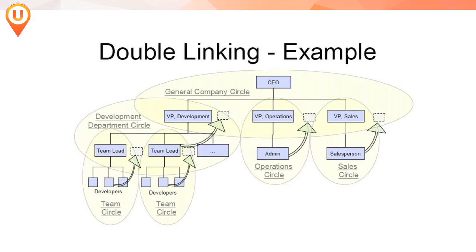Then that circle appoints what they call a lead link to lead that subcircle. And the accountability for that lead link is really to drive the vision of the upper circle in that subcircle. So to make sure that the macro vision, mission, purpose of the company is really embodied in that subcircle.